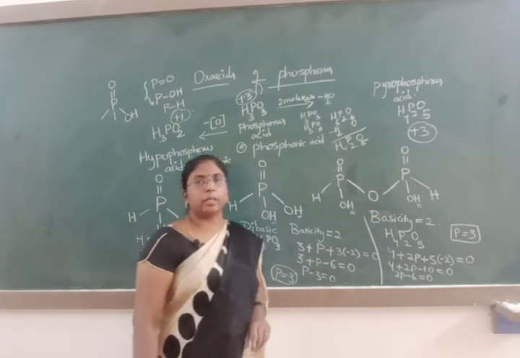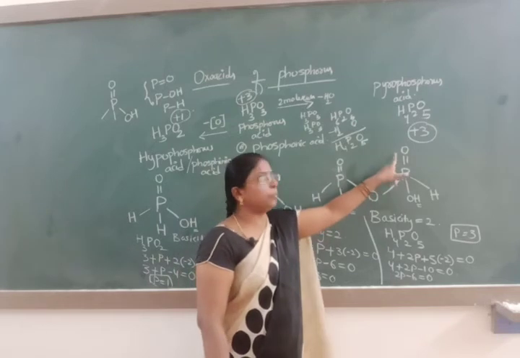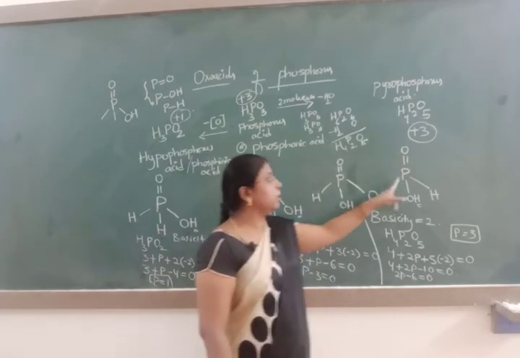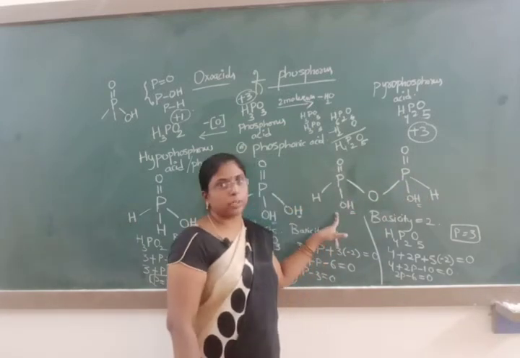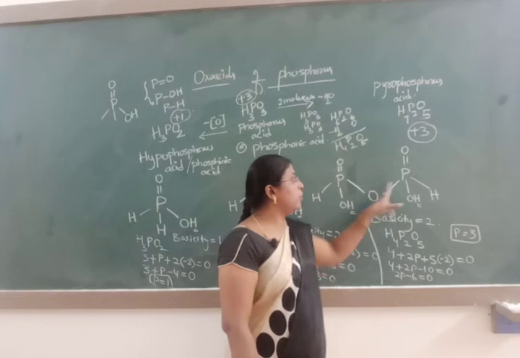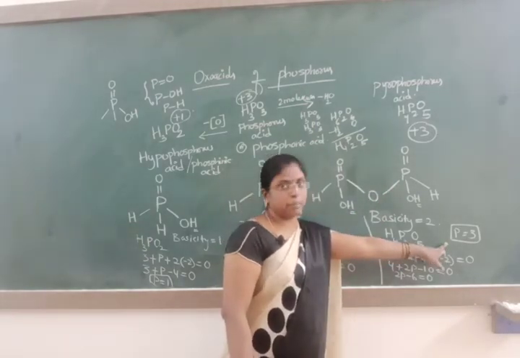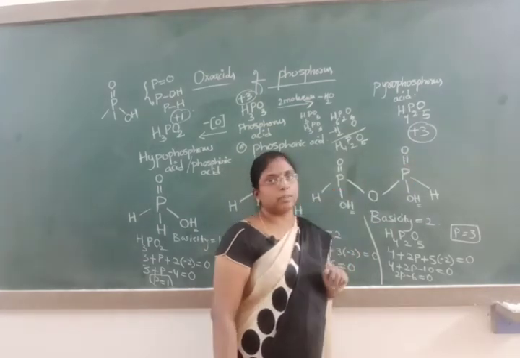If you see the characteristic bonds here, it is having two PO bonds, two PH bonds, two POH bonds and one POP bond. The oxidation state is +3. Pyrophosphorus acid is having an oxidation state of +3.